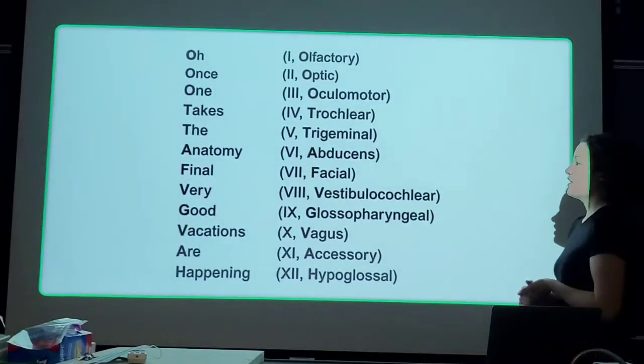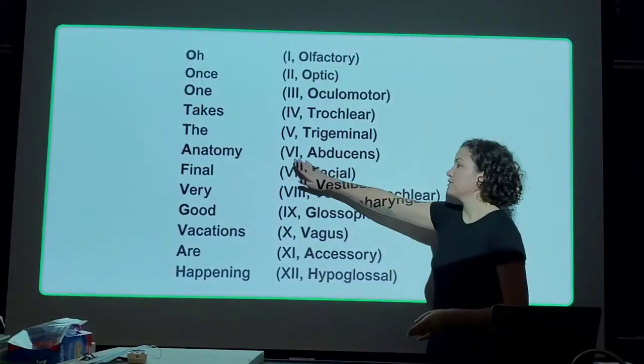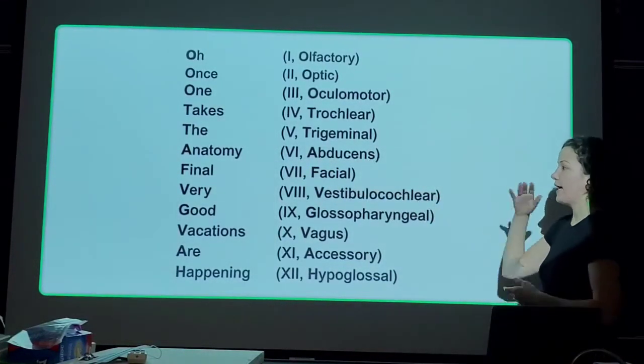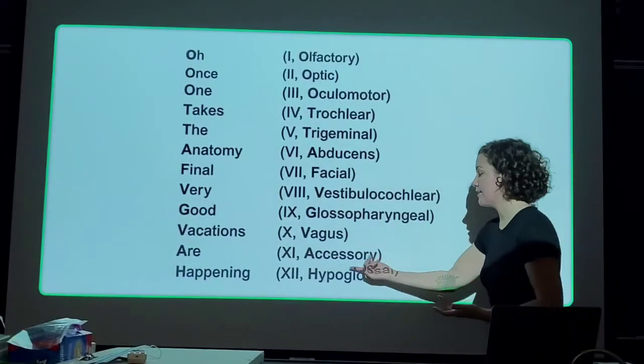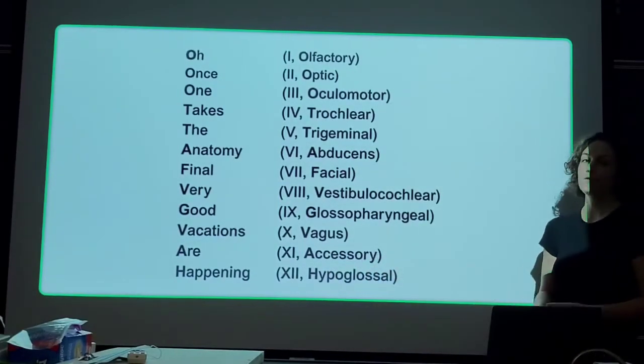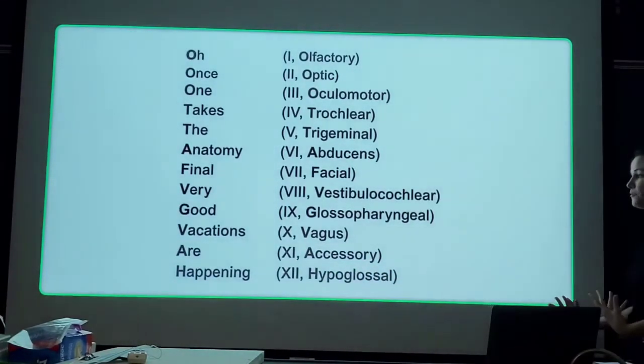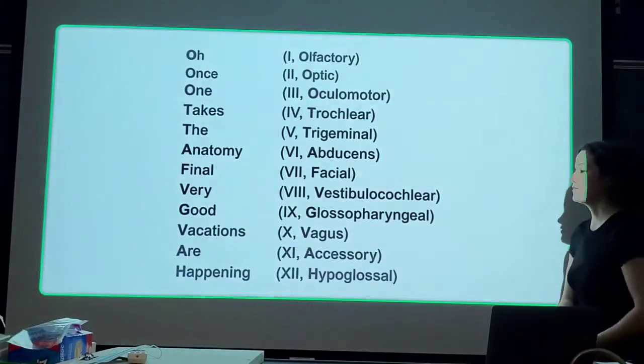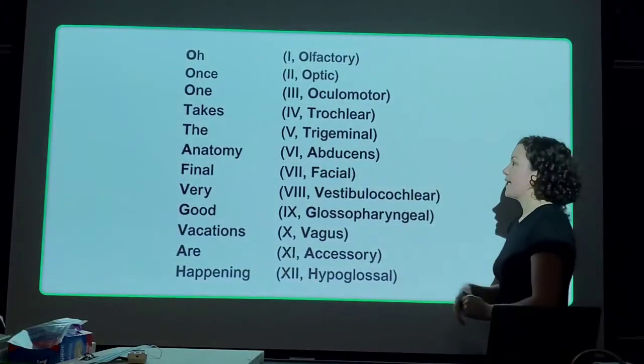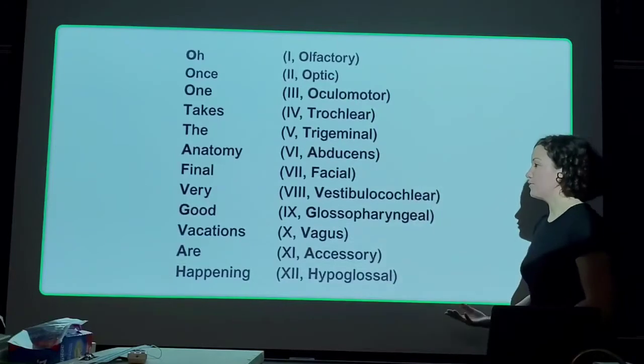It's important to understand that cranial nerve 6 is called abducens, that cranial nerve 11 is accessory, all right? So just get familiar with correctly pronouncing these 12 nerves and keeping them in order 1 through 12.